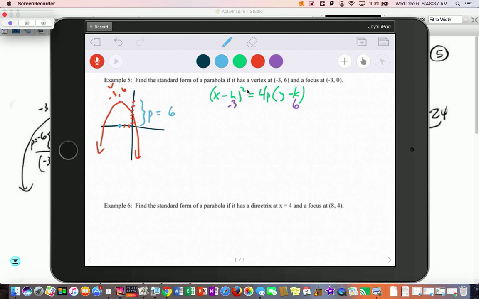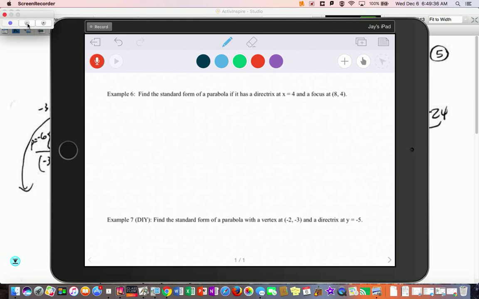Remember, this thing is negative 3, 0. So how far is it from 6 to 0? But it's also going down, so I have to put the negative in there. So that's negative 6. So my final answer would be x plus 3 quantity squared equals, with negative 24 here, y minus 6. So you draw the picture, and then you just come up with your vertex and the p value.